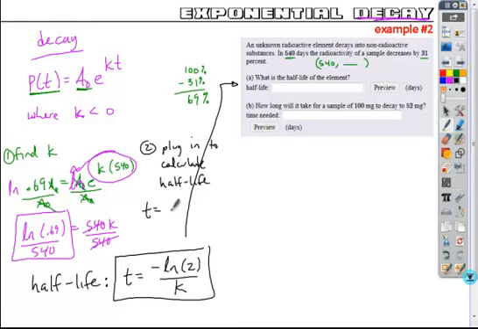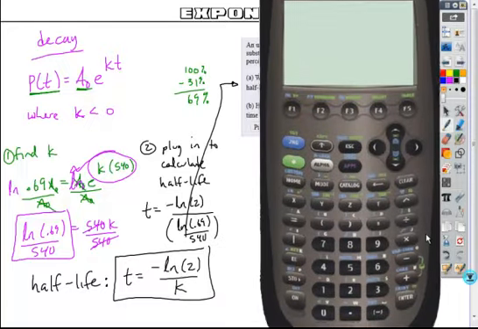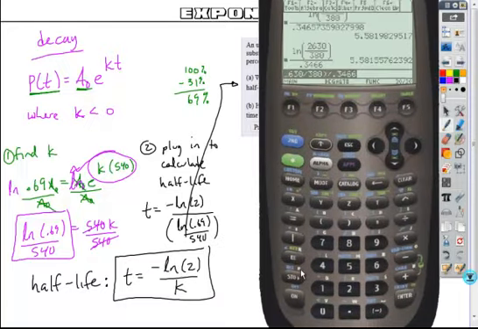So the half-life is going to be negative ln of 2 divided by whatever our k value was. Here we got our k value to be ln of 0.69 over 540. And so when we calculate this, we get the answer to the first part of this question.